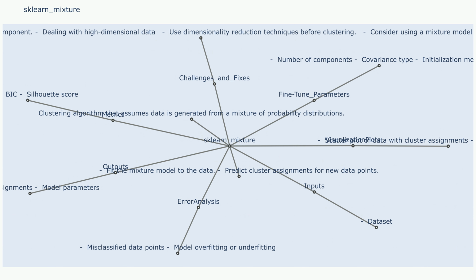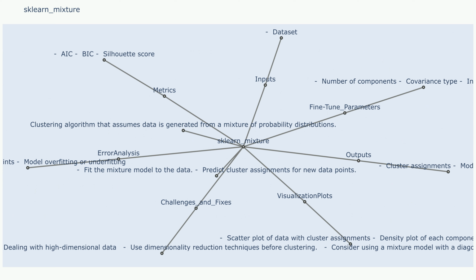In the E step, the algorithm calculates the probability of each observation belonging to each component distribution. In the M step, the algorithm updates the parameters of each component distribution based on the calculated probabilities.